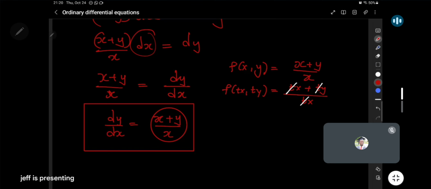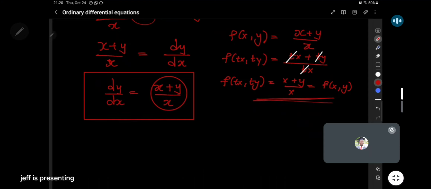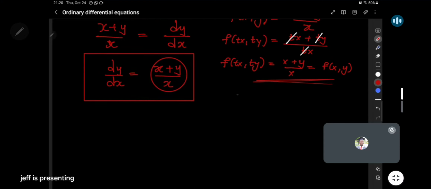So f of tx comma ty reduces to just x plus y over x. Notice that this is the same as the function we started with, which is f of x comma y. Because of this observation, we conclude that our differential equation is actually homogeneous.